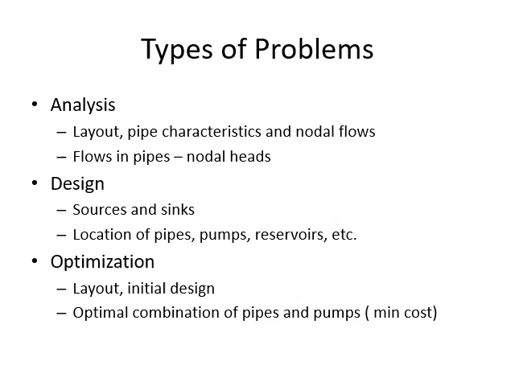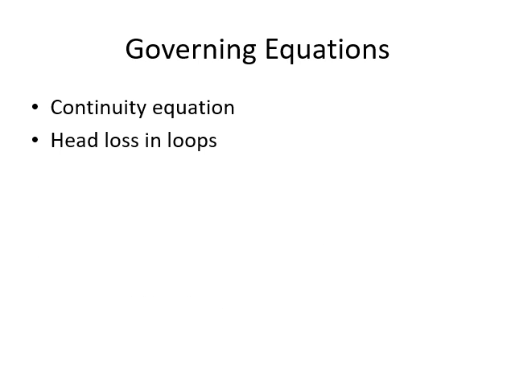The last type of problem is optimal design or optimization, which also applies to the layout problem and the optimal combination of pipes and pumps to satisfy a certain objective function, and in most cases it is minimum cost. Most of the hydraulics of networks are governed by two main equations.